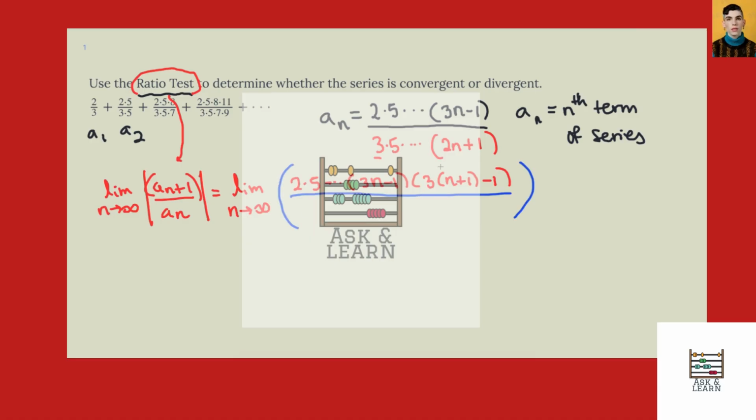So I'll do this in blue. And the denominator. And then we increase n by 1. And now we'll divide by a_n, so we'll just use our formula up here.